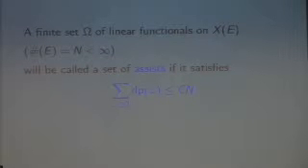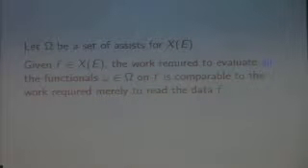The point is that if you have a set of assists and you are then given a function f on E, the total work required to evaluate all of the functionals in the collection is comparable to the work required merely to read the function f.